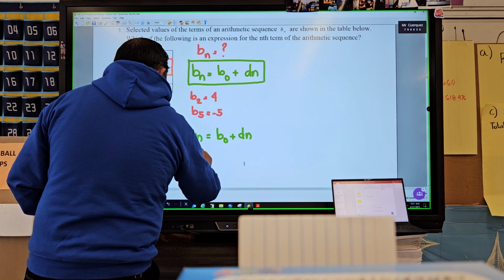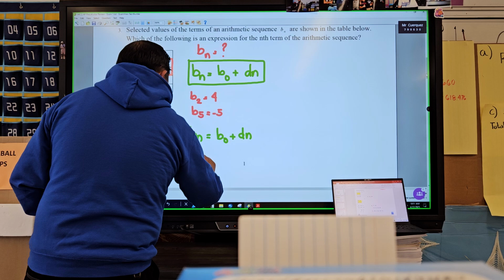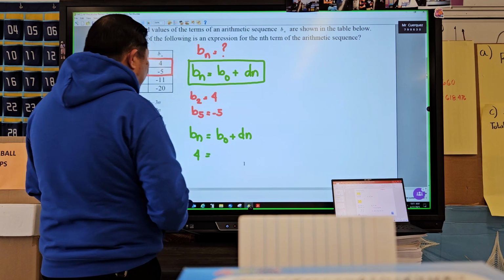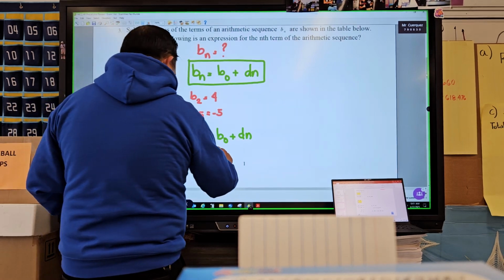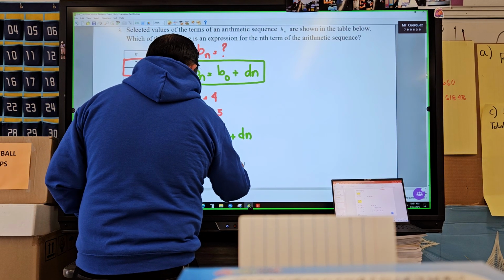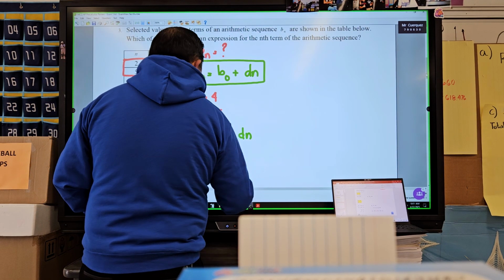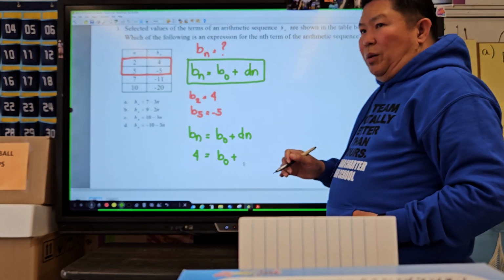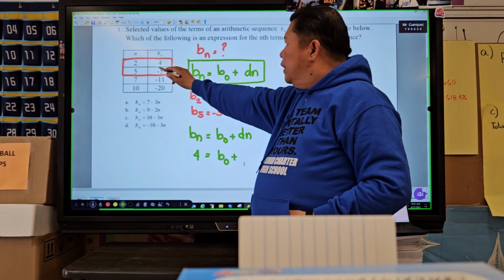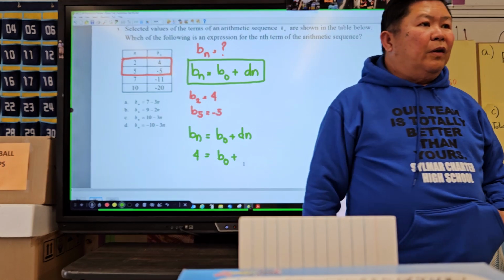B sub 2, which is 4, is equal to b sub o plus, now, do we have a common difference? What is our first one?